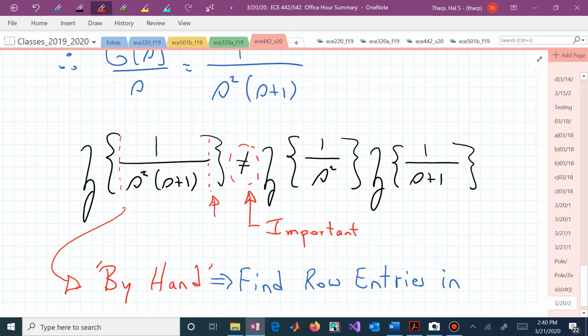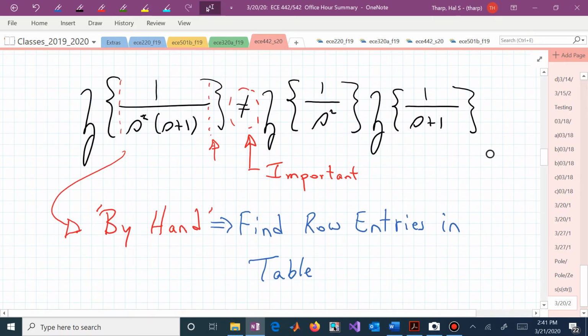You can't do that. You can't say that the z transform of 1 over s squared times s plus 1 is equal to the z transform of 1 over s squared times the z transform of 1 over s plus 1. You have to consider that entire product expression as one unit or one quantity.